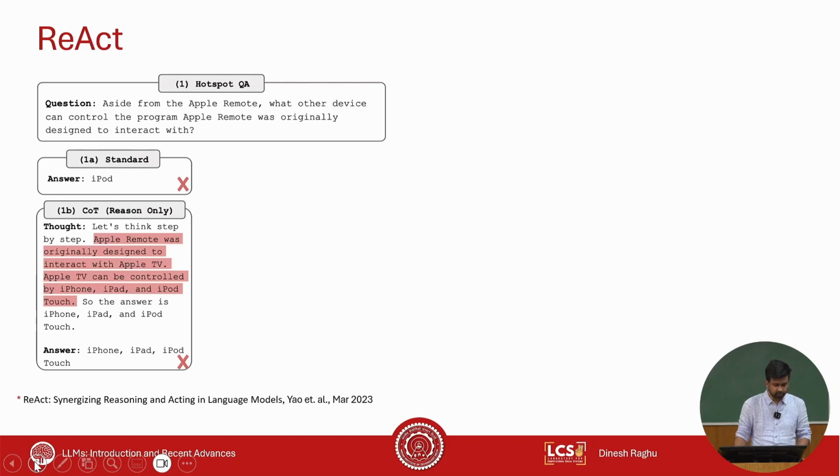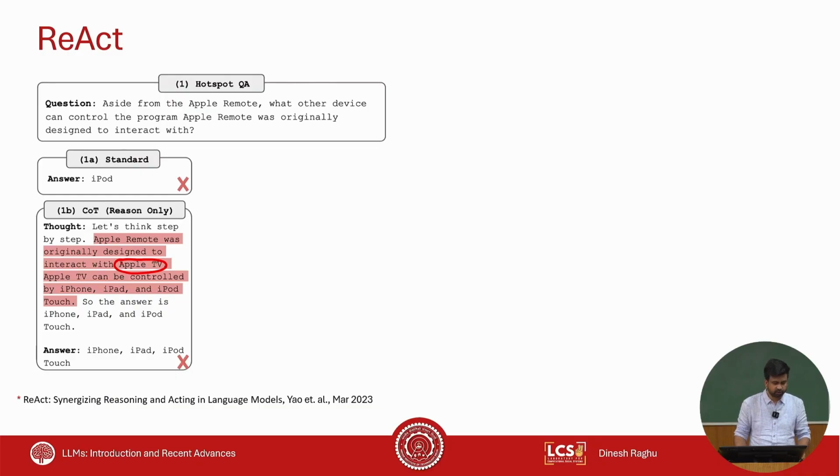So here it says Apple Remote was originally designed to interact with Apple TV. Apple TV can be controlled by iPhone, iPad, and iPod Touch. So most likely the part that went wrong is that Apple Remote was designed for Apple TV, right? Although based on a lot of information that the model has seen on the internet, TV might be the most common product that remote controls, right?